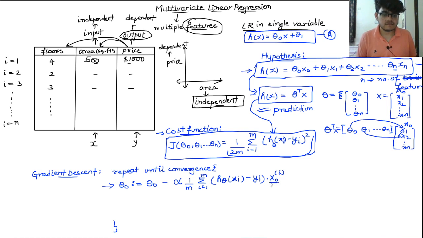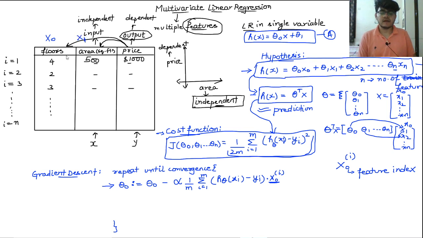Now this thing here is new. This is x 0, and you can see i here. This has a subscript, and the subscript is basically representing the feature index. Let's say the number of floors is x0 and the input is x1.